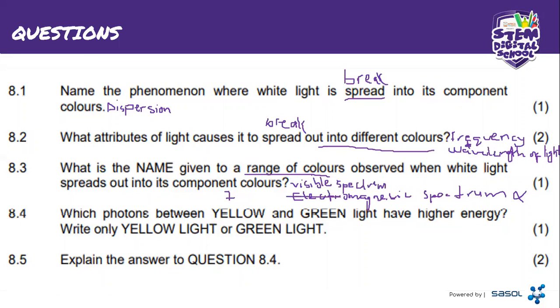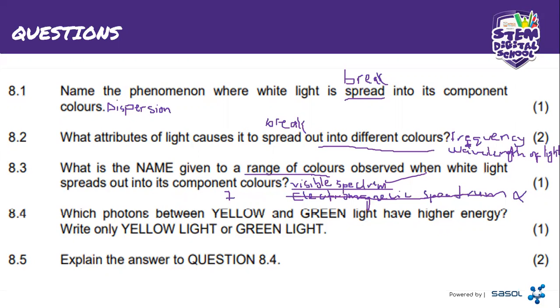So this one is incorrect. Electromagnetic spectrum is the range of different types of electromagnetic waves. But there we are talking about the different colors of white light that it can break up into. So it's a spectrum of that light. So we call that the visible spectrum. And that is the correct answer for 1 mark.